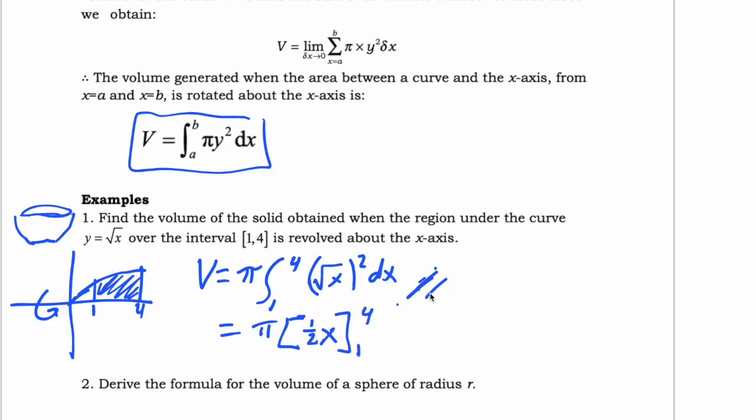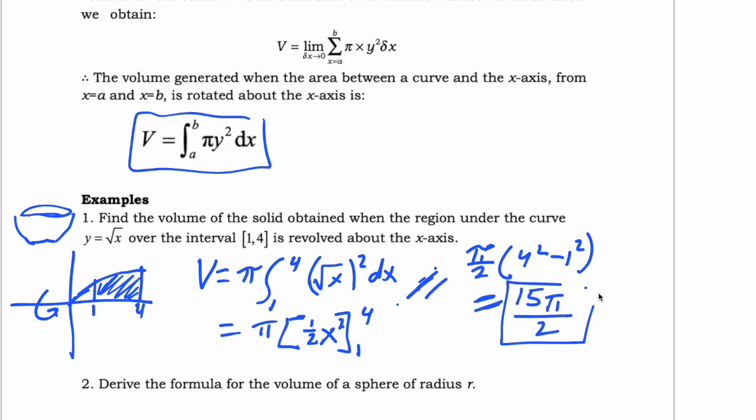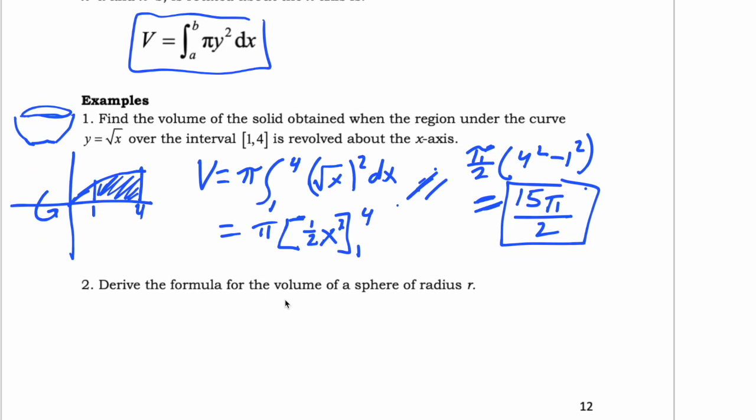So that equals pi over 2 times 4 squared minus 1 squared, which equals 15, so it's just 15 pi over 2 is the volume of the shape generated.